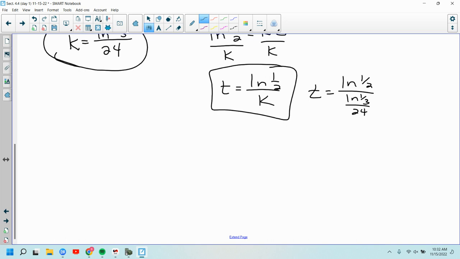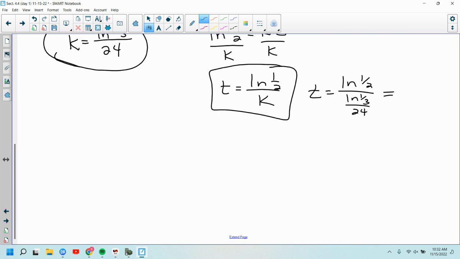It asks for the nearest hour, right? Just the nearest whole number. Nearest whole number. Oh, right. What did you do wrong? This is why we do this. Yes.